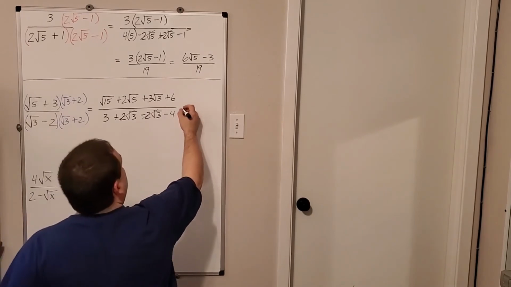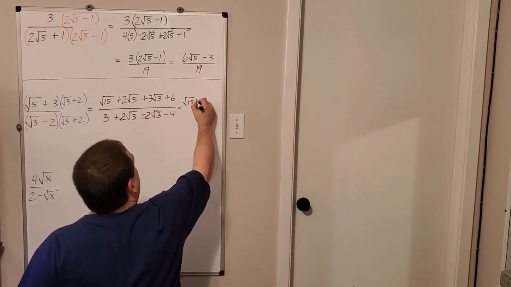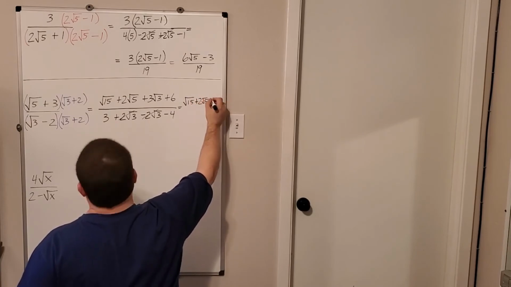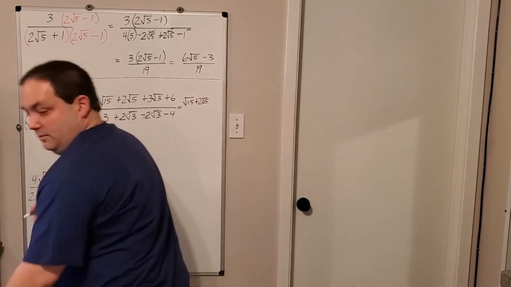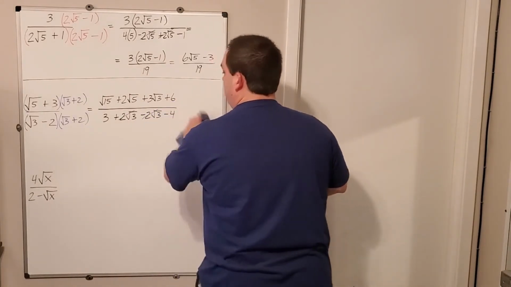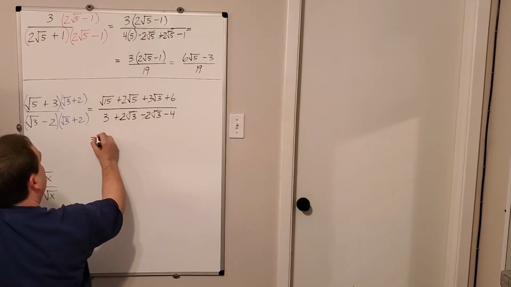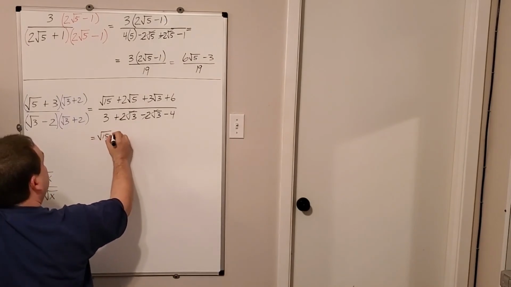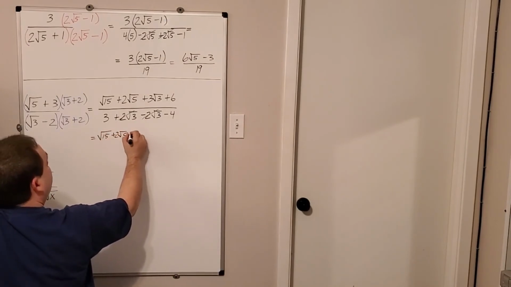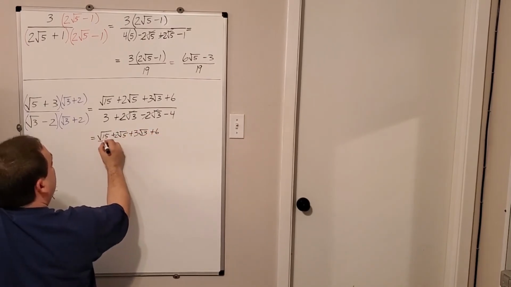Okay? So I've got square root of 15 plus 2 square root of 5. That's not going to fit, so let me go ahead and scooch down. Square root of 15, 2 square root of 5, 3 square root of 3, 6, all over negative 1.